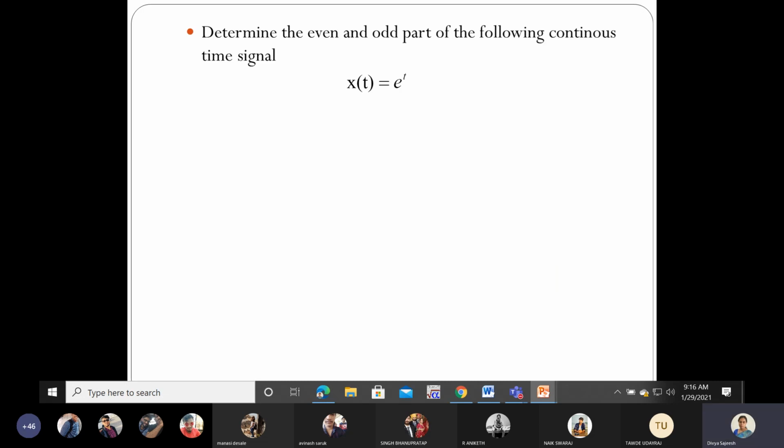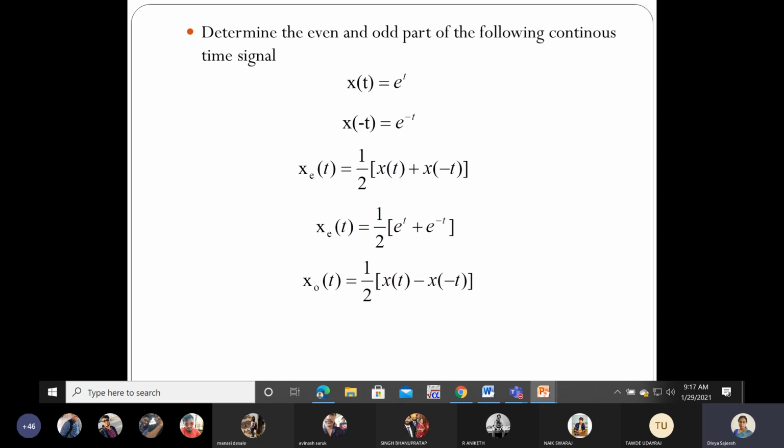Now, for this signal, determine the even and the odd part, that is x of t is equal to e raised to t. So x of minus t is e raised to minus t, and for the even part I can use the formula half of x of t plus x of minus t. Using that, the even part is half of e raised to t plus e raised to minus t.